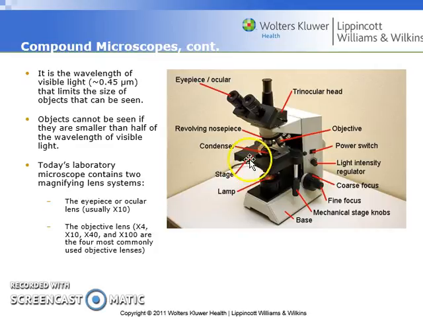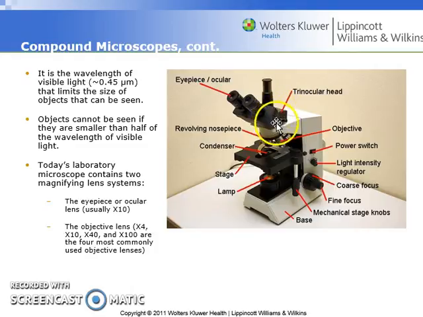But say, for instance, we want to view some Staphylococcus bacteria, and they're fixed on a slide. We'd place that slide here between these two metal stage clips, and that light would pass through the condenser up into the objective lens that we have set here. Once the light passes through the objective lens, it's also going to pass through what's called the body tube, where it says trinocular head.